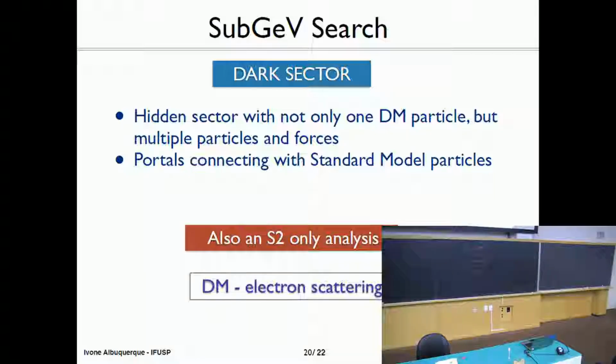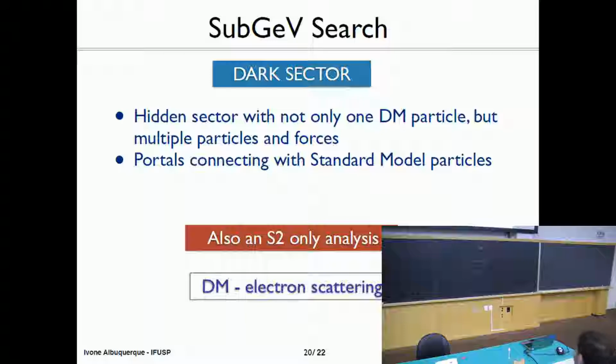So this was a very nice result, and I will go over the second low-mass analysis, a sub-GeV search. This was motivated by the fact that one of the possibilities for dark matter is a whole dark sector, where not only the dark matter but other particles would be in this dark sector, and you would have portals connecting these with the standard model particles. The kind of analysis is exactly the same. It's only S2 analysis as well.